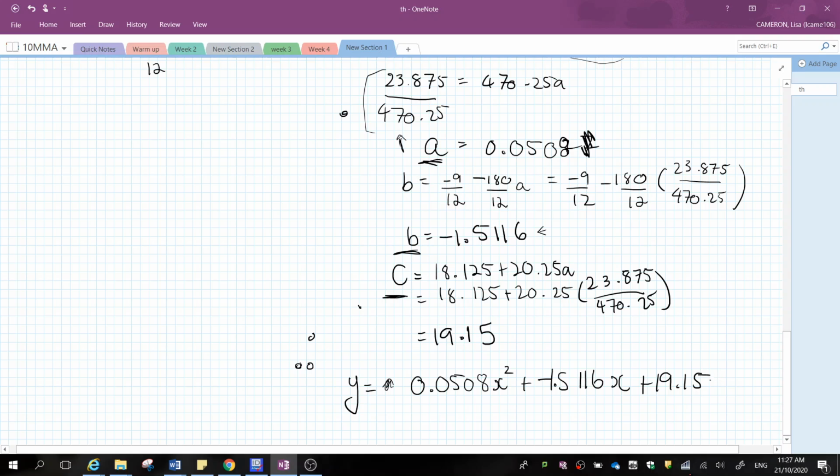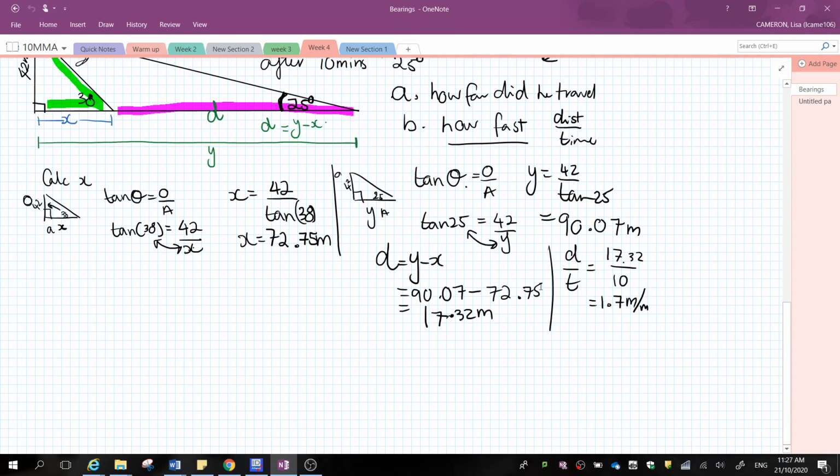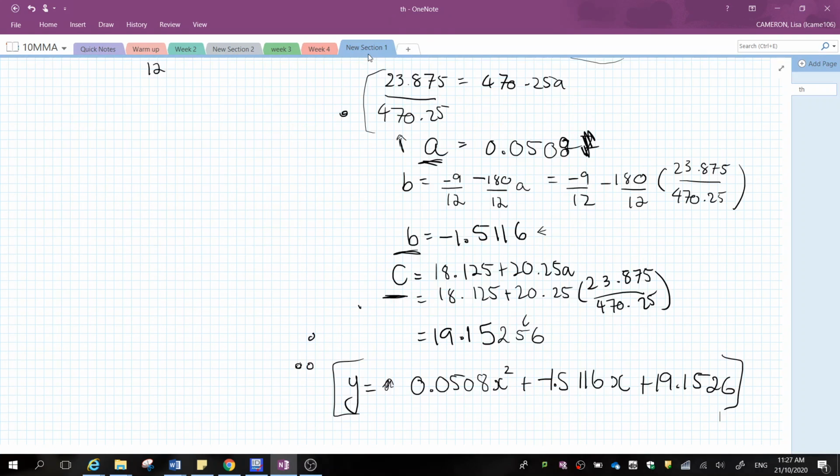And if I'm going to 4 decimal places like the other ones did, it'll be 26, because the numbers after this are 256, means that 5 will round up. Okay, and that's the final equation that I found. Now, the next step that I need to do is to test this in Desmos by graphing it against the other quadratic equation that it generated for me. The one that it generates should give you a better r² value because it doesn't get rounding errors, whereas you have little rounding errors in here. Okay.